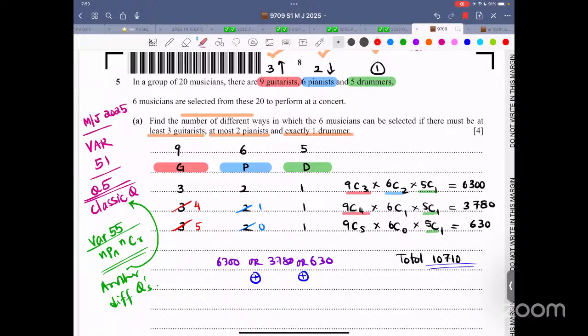And then this is 9C4, and this is 6C1. This is again 9C5. This is 6C0. Write down all the different options, 6300, 3780, 630. Add it all up and you get this answer. So that is how this particular question is done. That is for 4 marks.